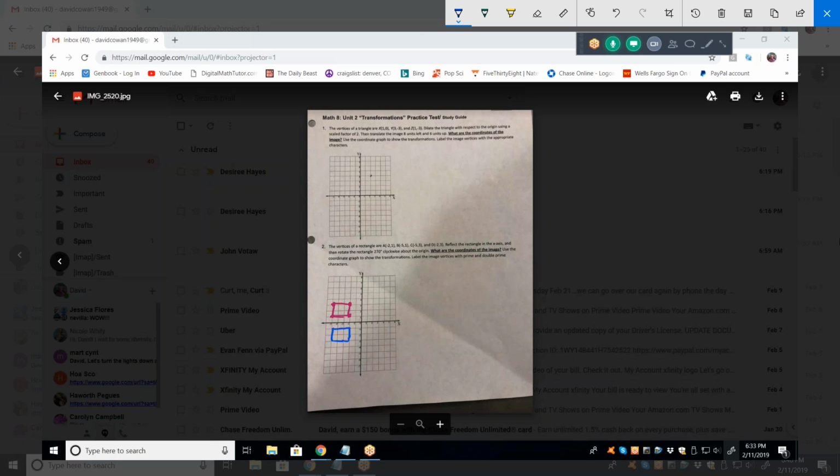Okay, now they want us to rotate that 270 degrees clockwise about the origin. Okay, the way I do this, they may teach you a different method. I draw a straight line to the origin like that from the nearest corner. And then I rotate that straight line.